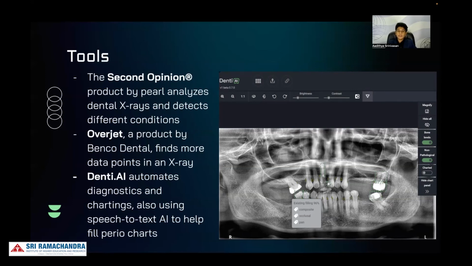Meanwhile, Overjet, a patient-centric AI tool, finds a large amount of data when analyzing x-rays. And because more data generally leads to higher accuracy, this helps the AI model and dentist greatly. Finally, the image you could see here is an image of Denti.ai. And this is a product which automates diagnostics and charting. And it also uses speech-to-text AI to help dentists fill perio charts.